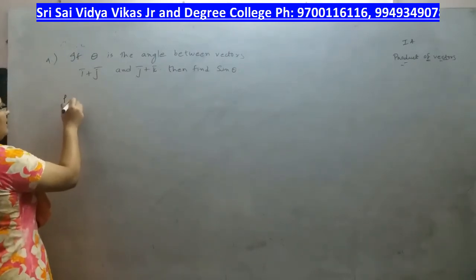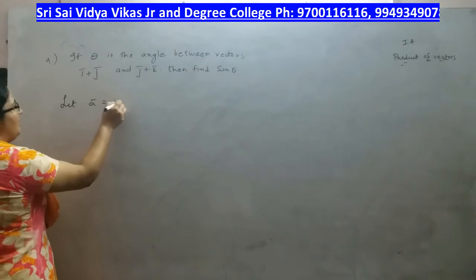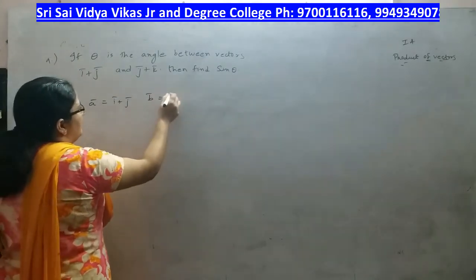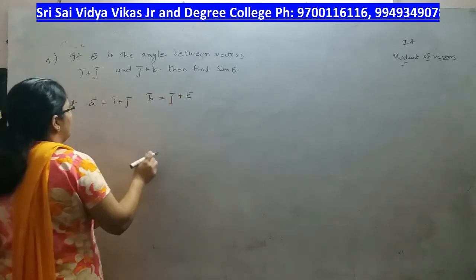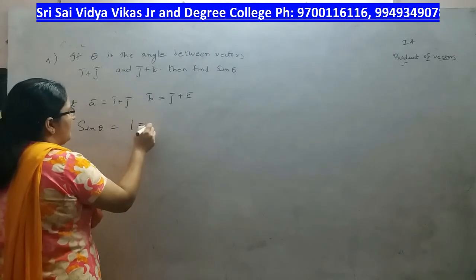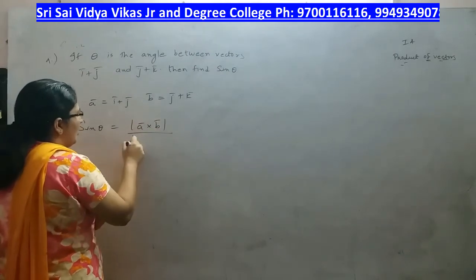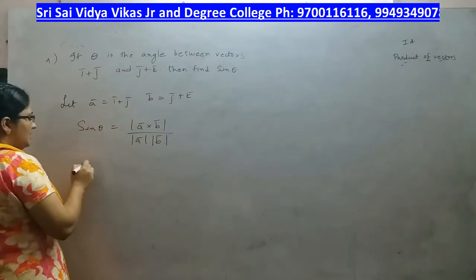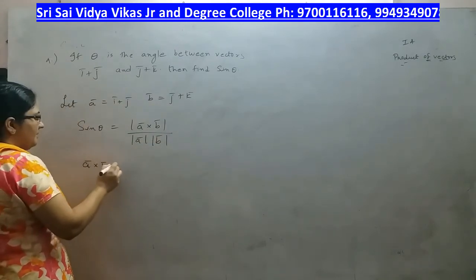Here let a bar is equal to i plus j, b bar is equal to j plus k. Sin theta is equal to modulus of a bar cross b bar by modulus of a bar into modulus of b bar. Let us find a bar cross b bar first.